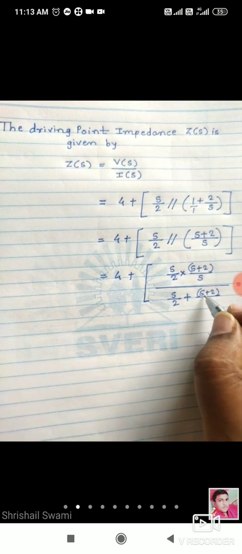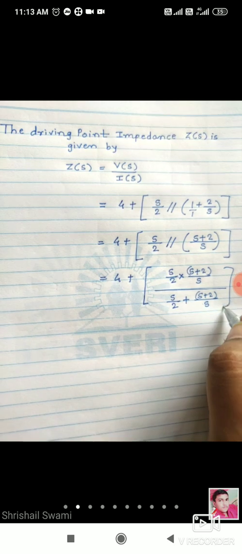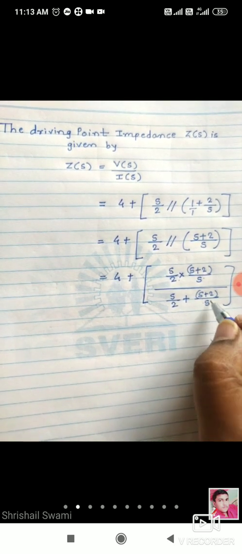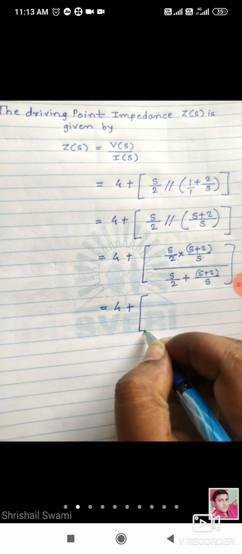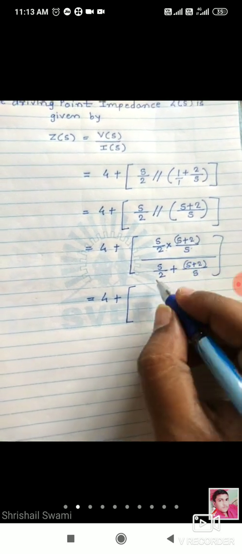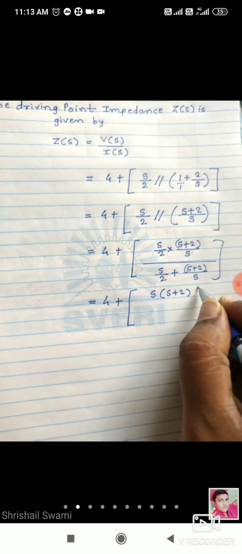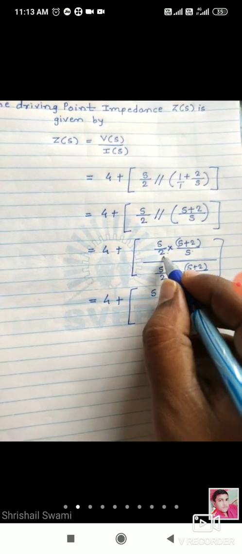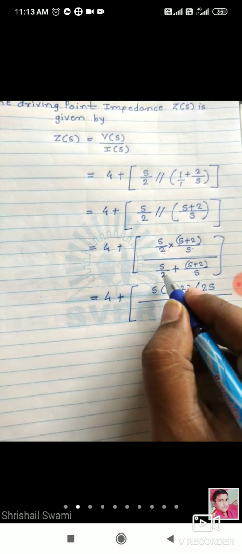That is R1 into R2 divided by R1 plus R2, like this. Now 4 as it is, 4 plus, so you can keep S into S plus 2 divided by 2S, 2 into S means 2S. After that, divided by, you can solve this bracket.